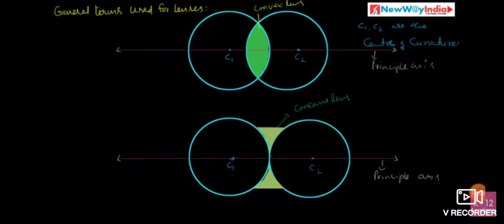Next, what is another important term? This is aperture, the aperture of the lens. What is the aperture? The diameter of the lens through which refraction takes place.